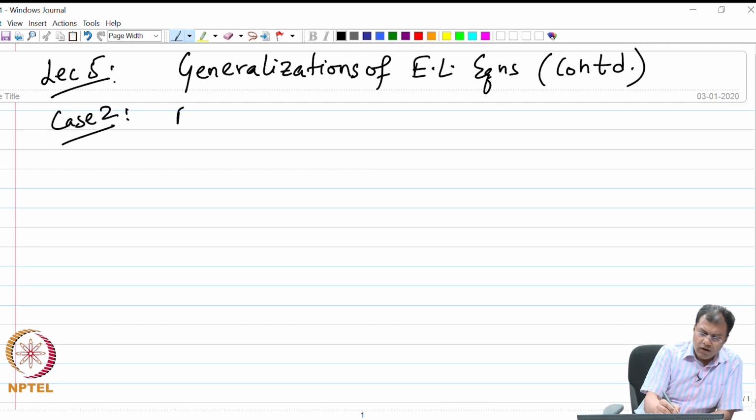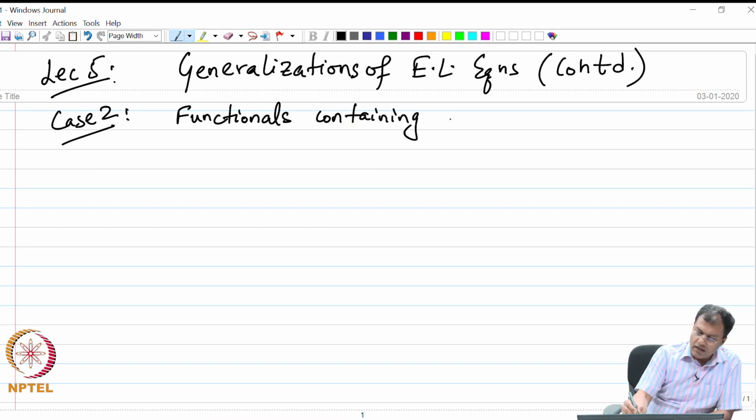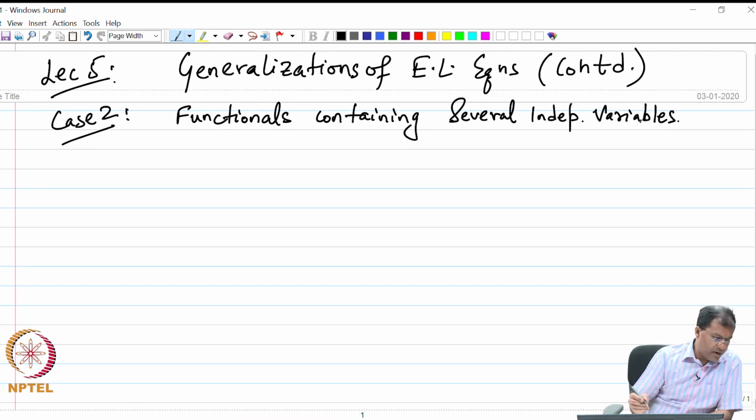So, in this case we are going to discuss how to generalize Euler-Lagrange for functionals containing several dependent variables, but one independent variable, right.